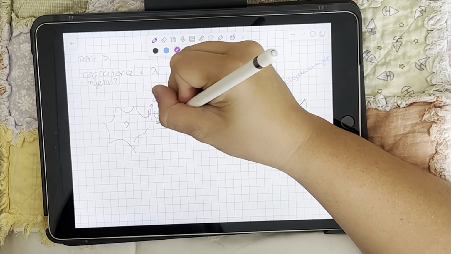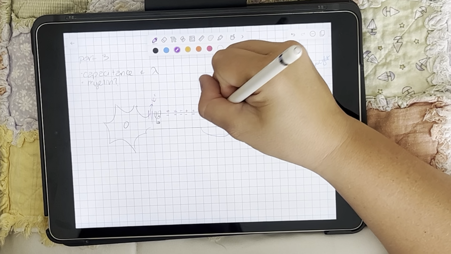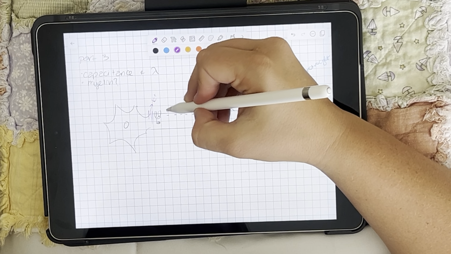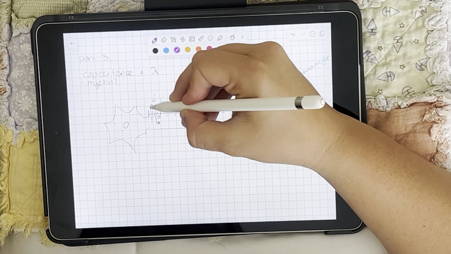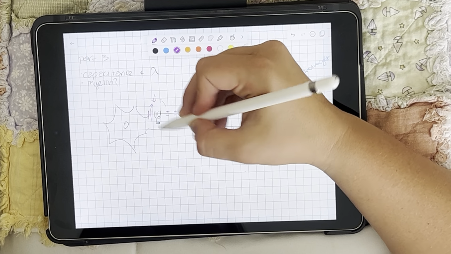But when we have myelin, it's not going to be so close. It's not going to take as much, because this positive charge is saying, we don't actually want you there. But the gradient, high to low, is saying, yeah, we do want you out there. So if it's spread out, then the leak channel is like, okay, I guess we'll take you, potassium.